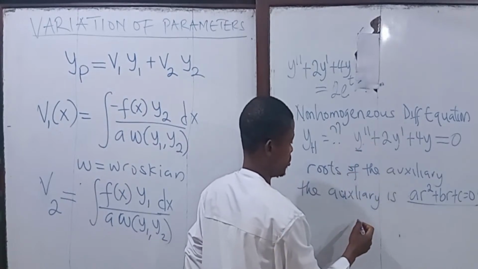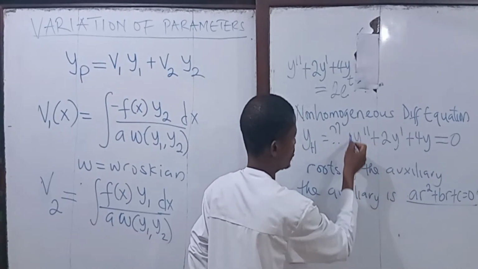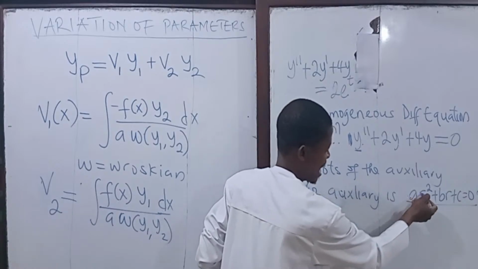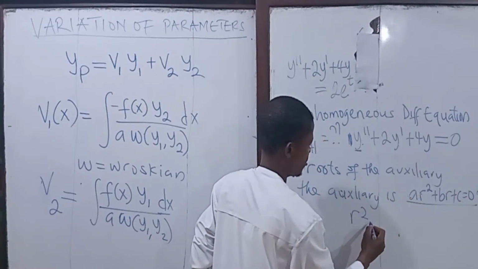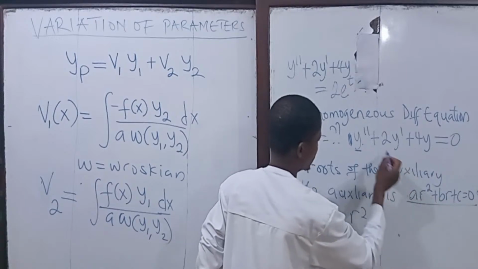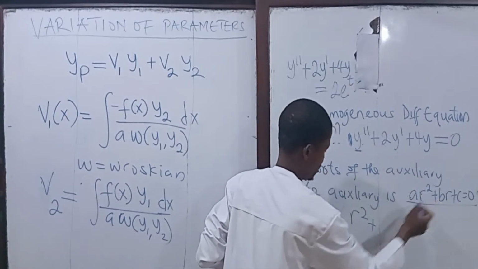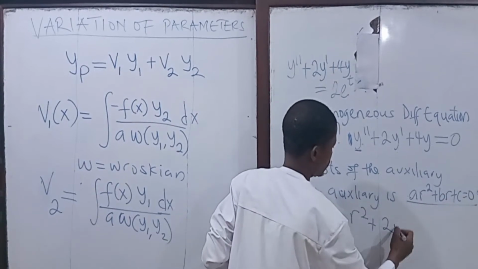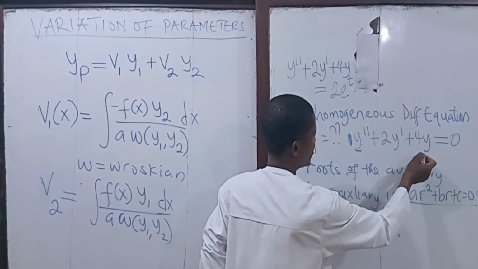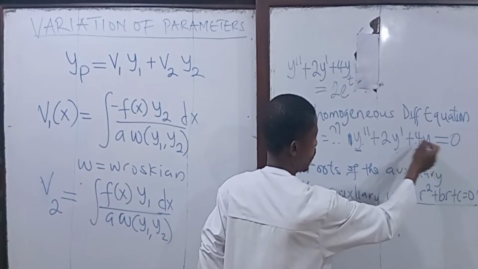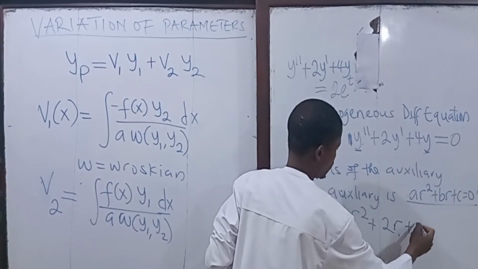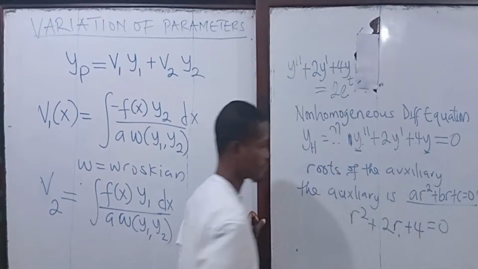The attachment to your second derivative is your a, so you have r squared plus 2 times r, since the attachment to your first derivative is 2, which is your b. The constant coefficient, the attachment to your y, is 4, which will be your c. So plus 4 equal to 0.